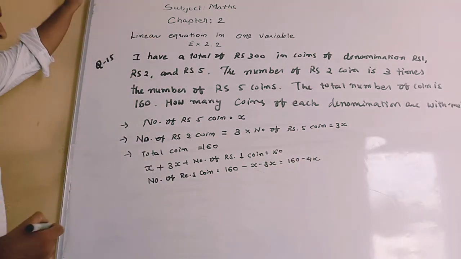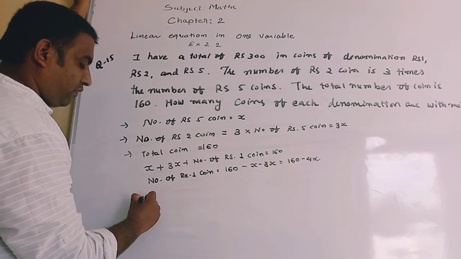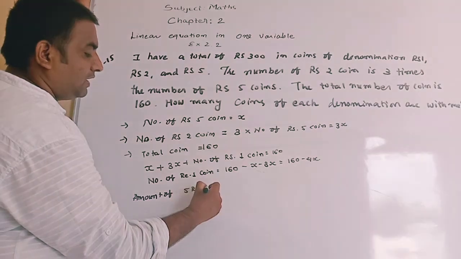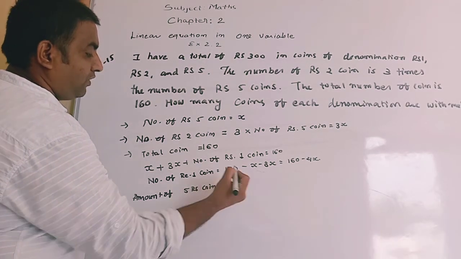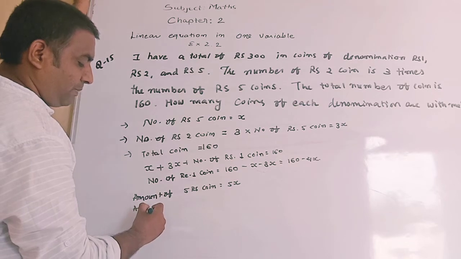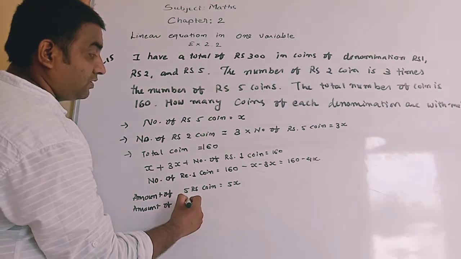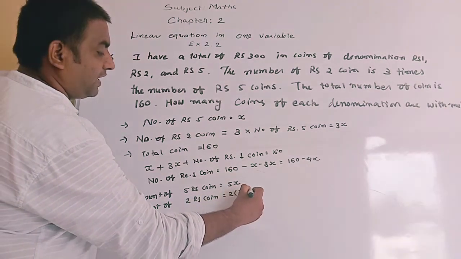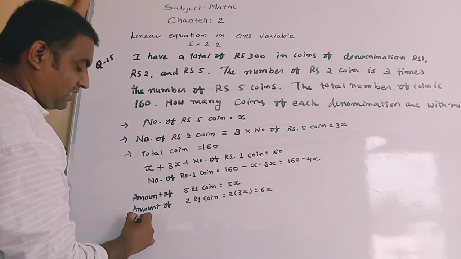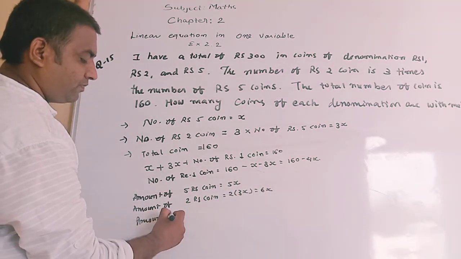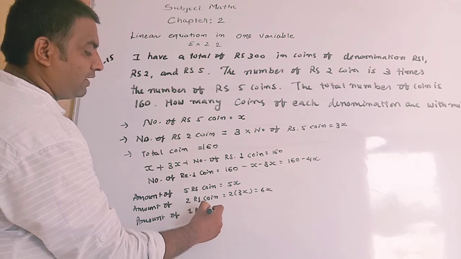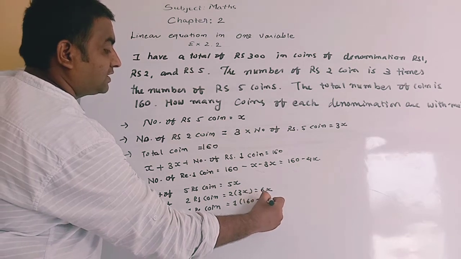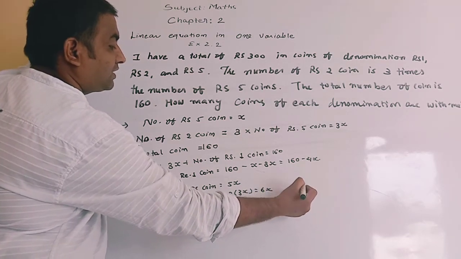Now the total amount is 300. The amount of rupees 5 coins is 5x, the amount of rupees 2 coins is 2 into 3x, so 6x, and the amount of rupees 1 coins is 1 into 160 minus 4x, that is 160 minus 4x.